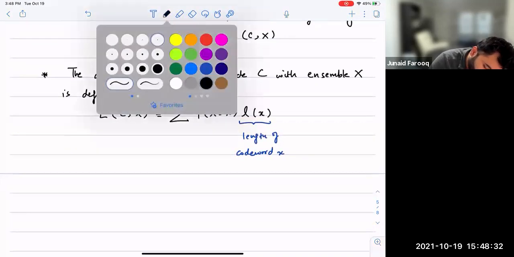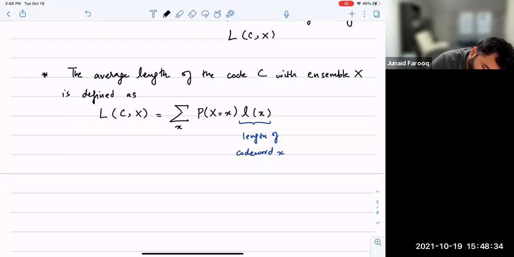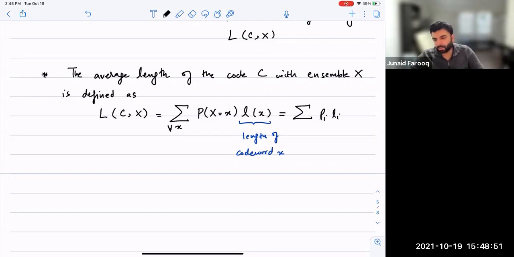Okay, so you take the average over all the possible x, then you get the average length of the code word, which is capital L. Sometimes we can also write it as the sum of p_i l_i, where l_i is the length of the ith code word and p_i is the probability. You just multiply them and add them all together over all i.